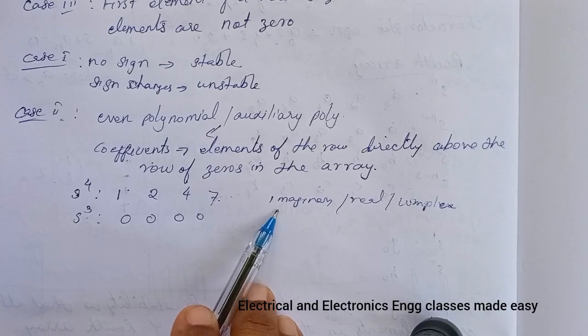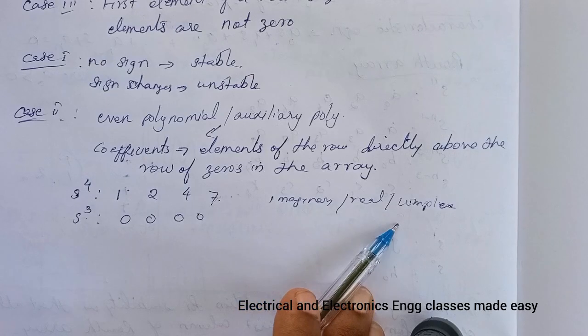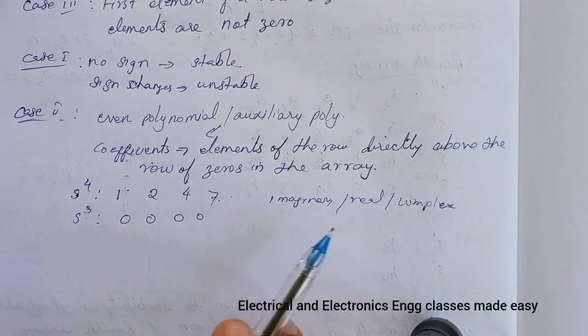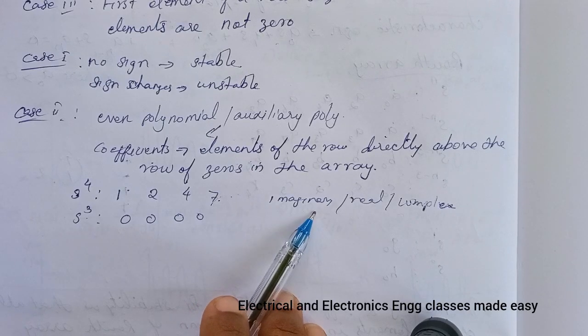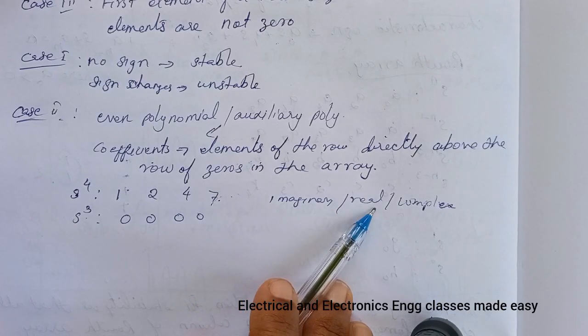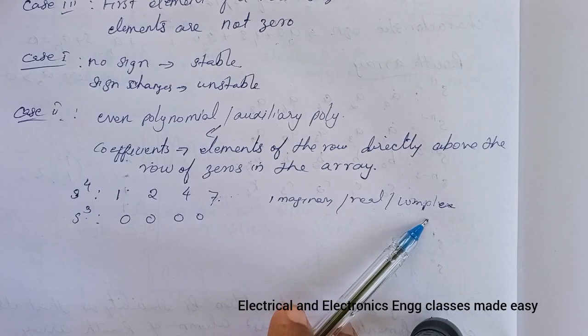So these roots can be purely imaginary, real or complex, and the purely imaginary and purely real roots occur in pairs. The complex roots occur in groups of 4, and the complex roots have quadrantal symmetry.